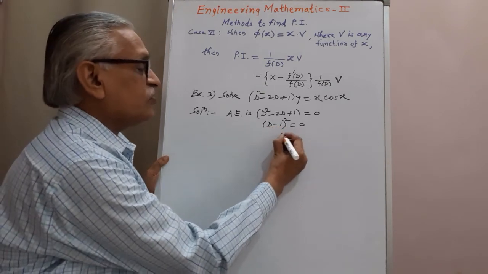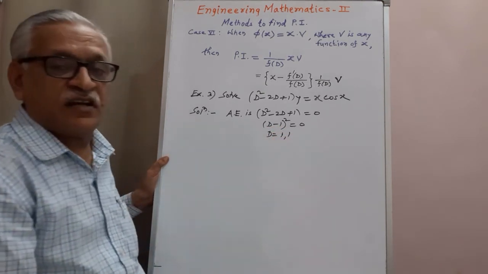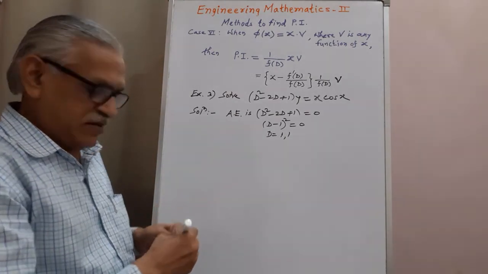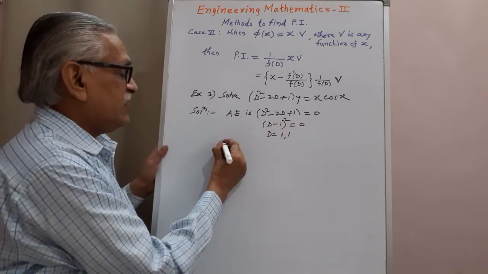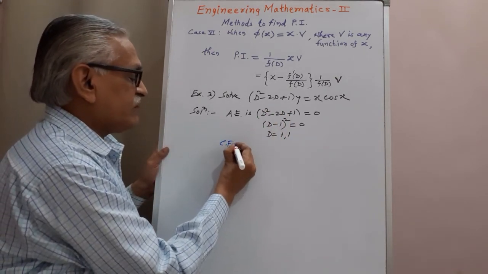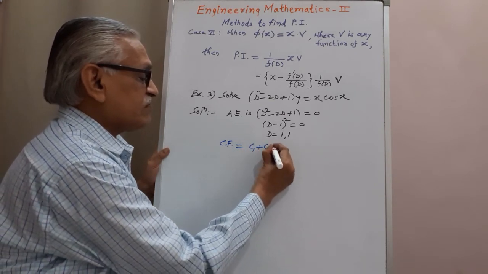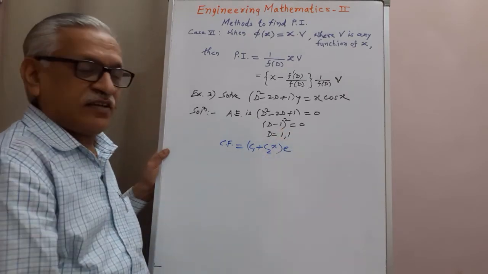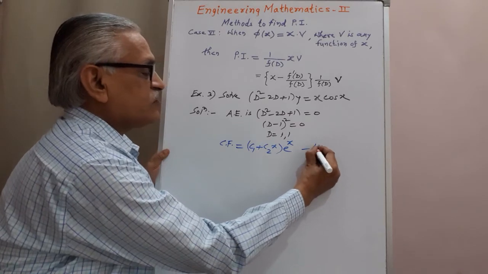Equating each to 0, we get D equal to 1 and 1. Roots are real and repeated. And as roots are real and repeated, we write down CF as C1 plus C2 x into e raised to m1 x. Here that root is 1, therefore e raised to x. We call this equation 1.